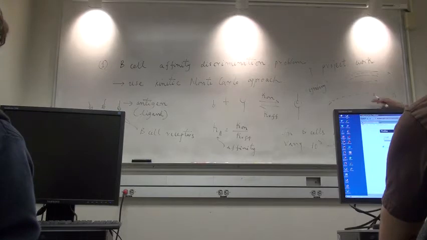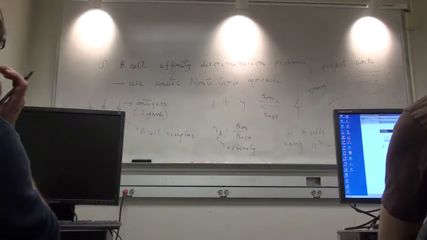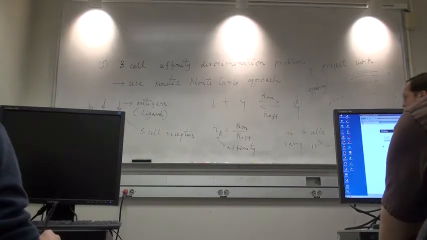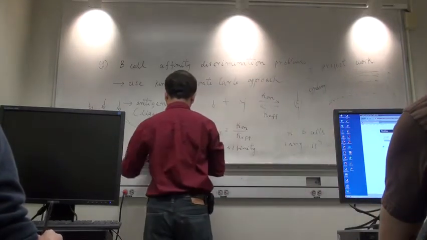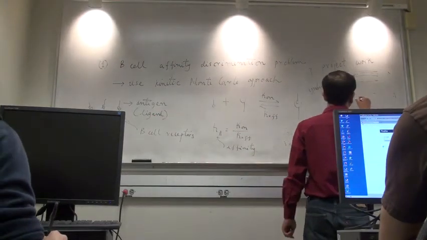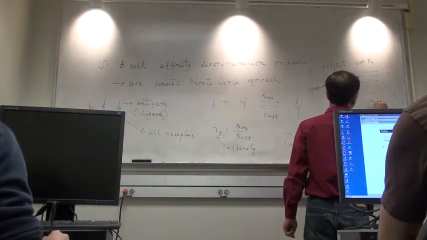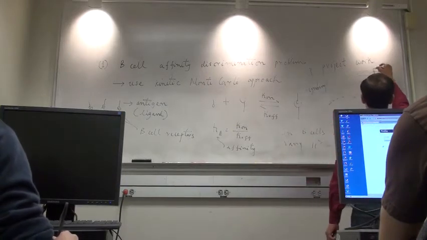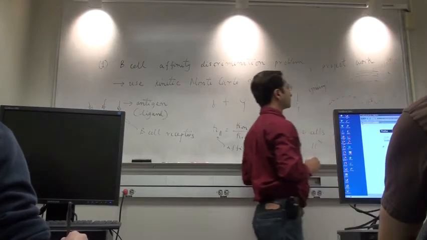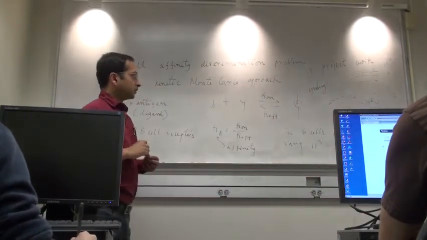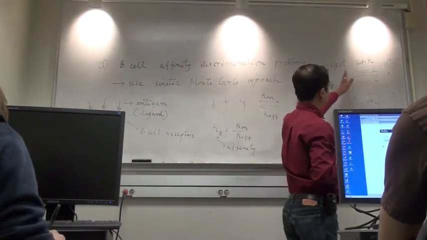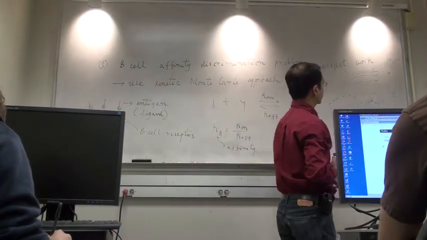Okay. So I'm changing Ka. You can think of this as 10 to the power 5, and this top curve as 10 to the power 10. You see that as you increase affinity, the signaling keeps increasing.